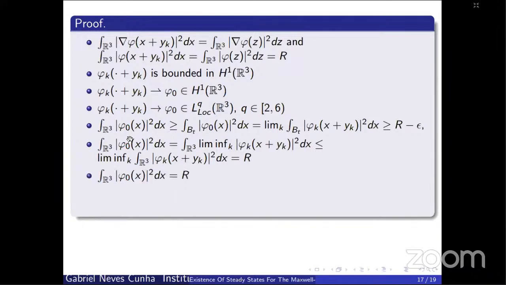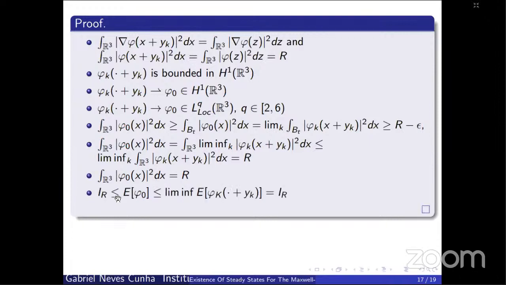So by the sandwich rule, this number has to be this number if we send epsilon to 0. So we have shown that the weak limit is on the restriction, and we are done. It is a very beautiful argument, as you can see. Some parts are a little tricky to do, but essentially the idea is not very complicated.